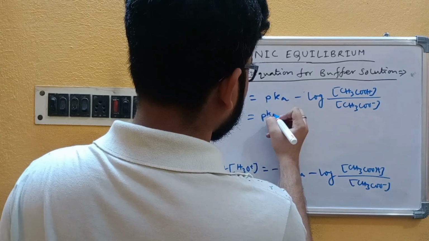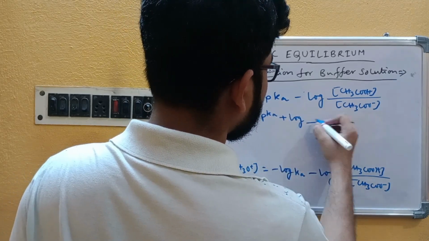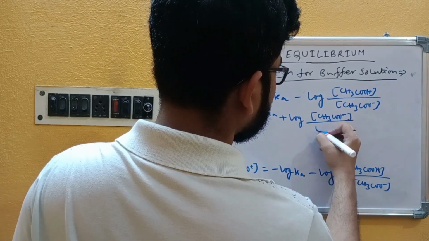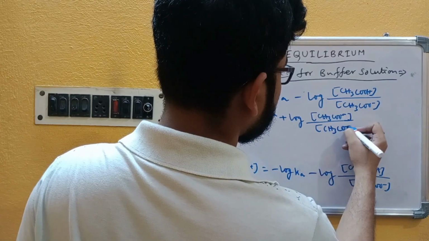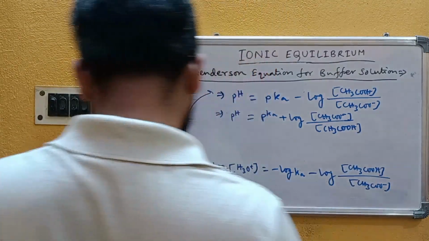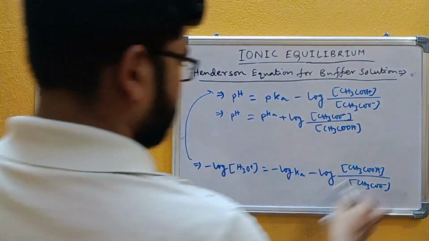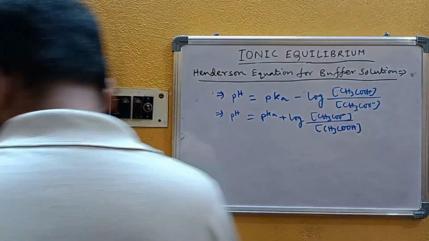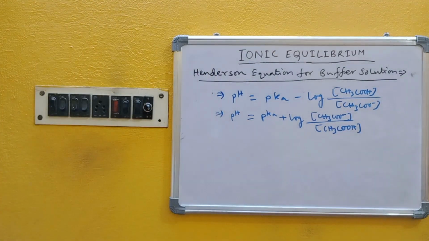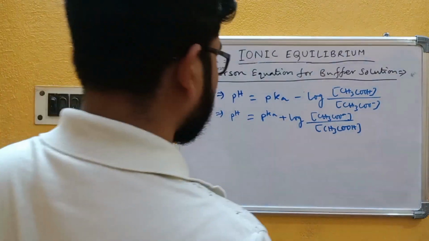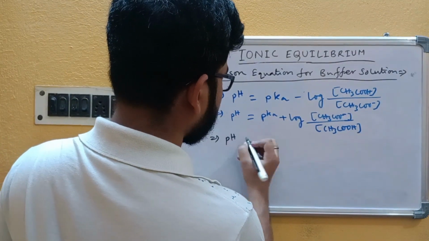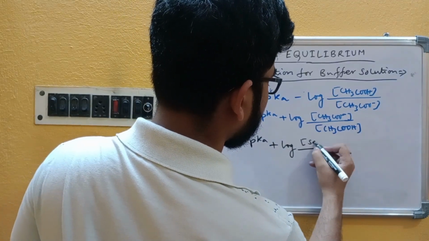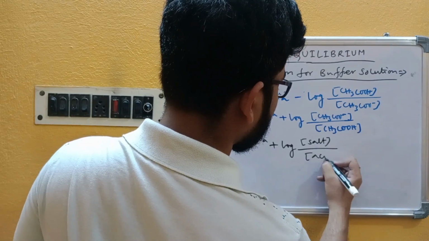Then pH is equal to pKa plus log CH3COO- upon CH3COOH. So simply we can write pH is equal to pKa plus log concentration of salt by concentration of acid.